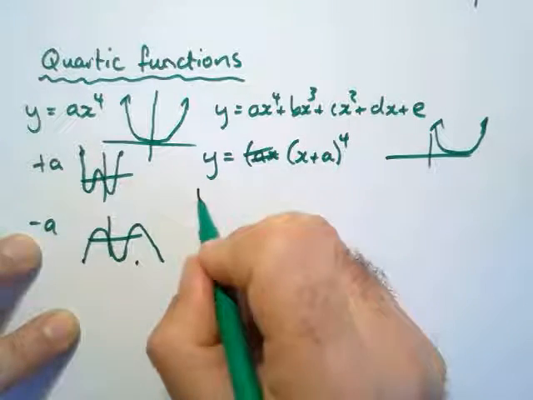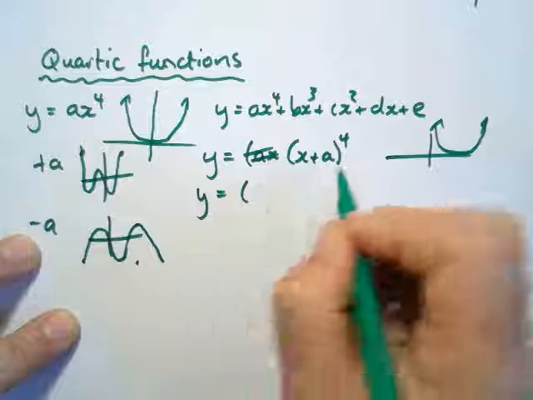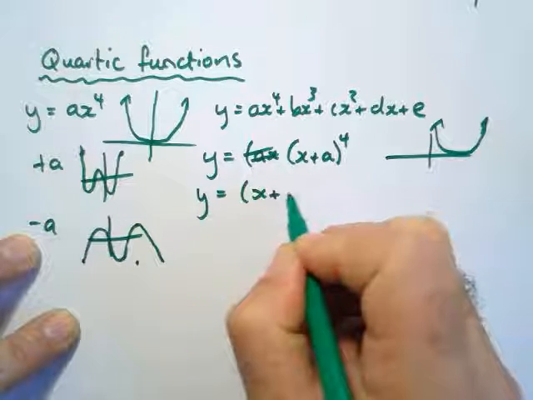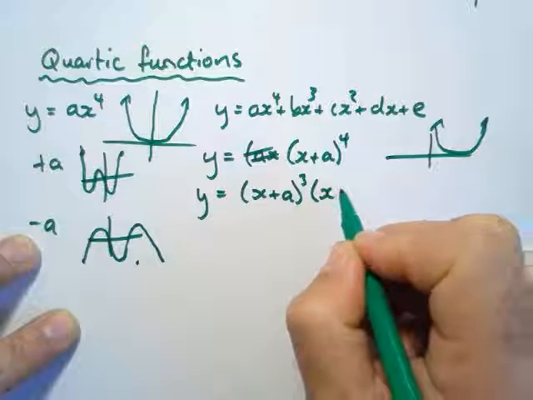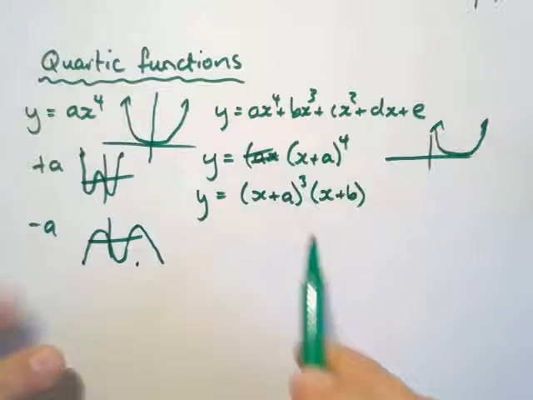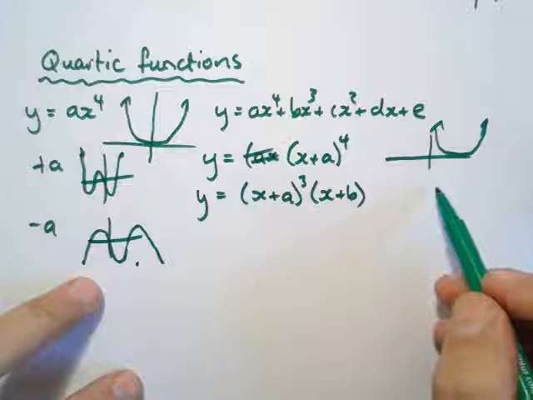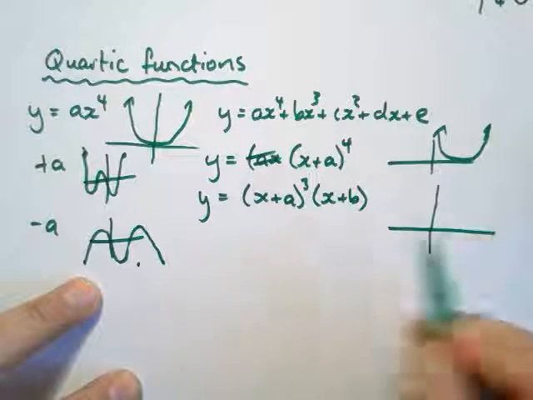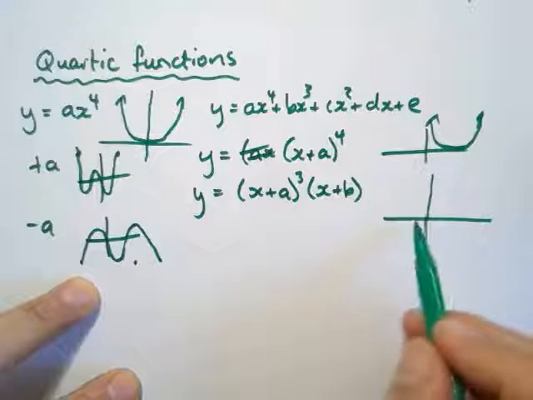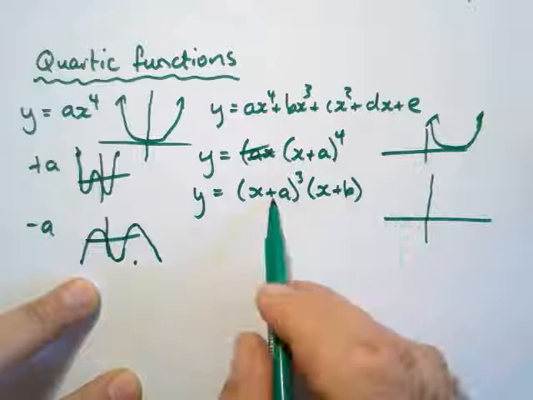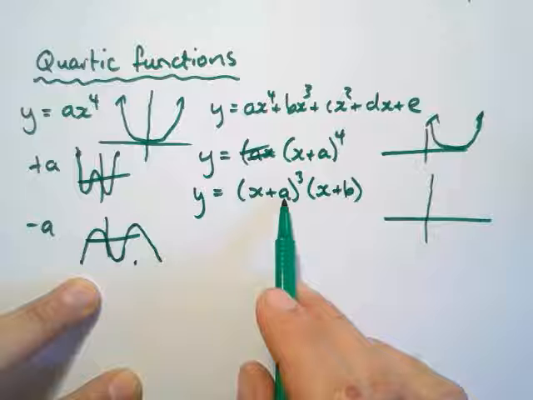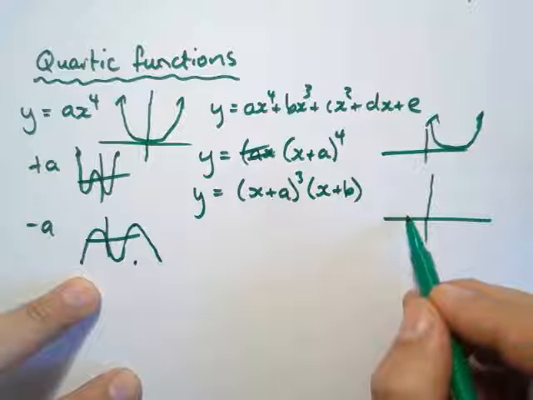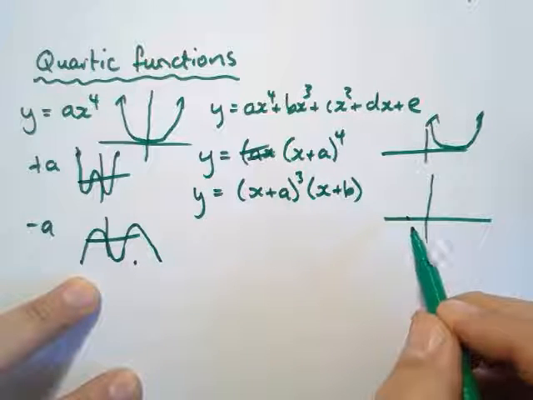The next one is y equals, and I'm just going to use a's and b's. If I have x plus a to the power 3 multiplied by x plus b, I'm going to assume a is positive. What's going to happen then is we're going to have one intercept, and at the other intercept, it's just going to be a point of inflection.